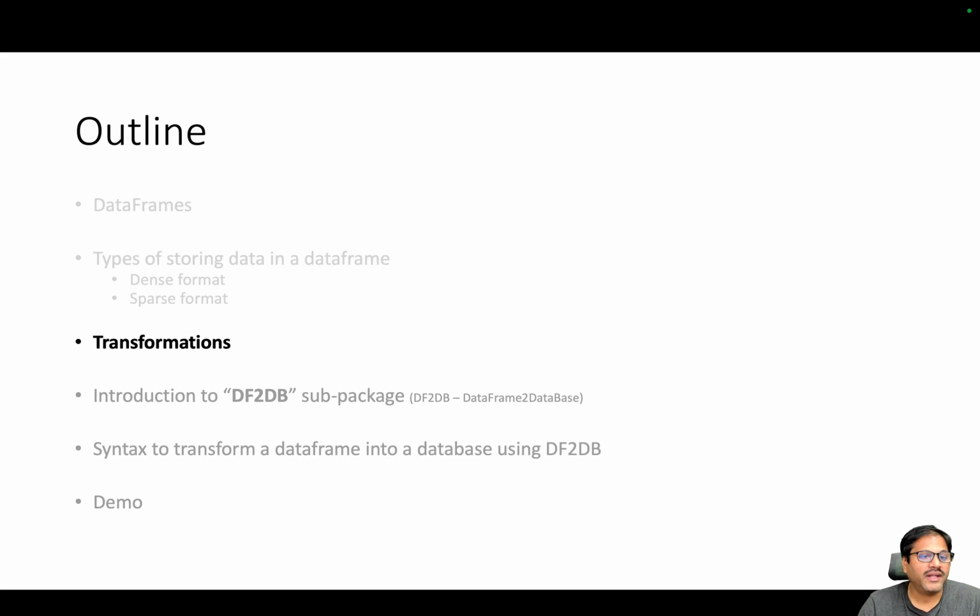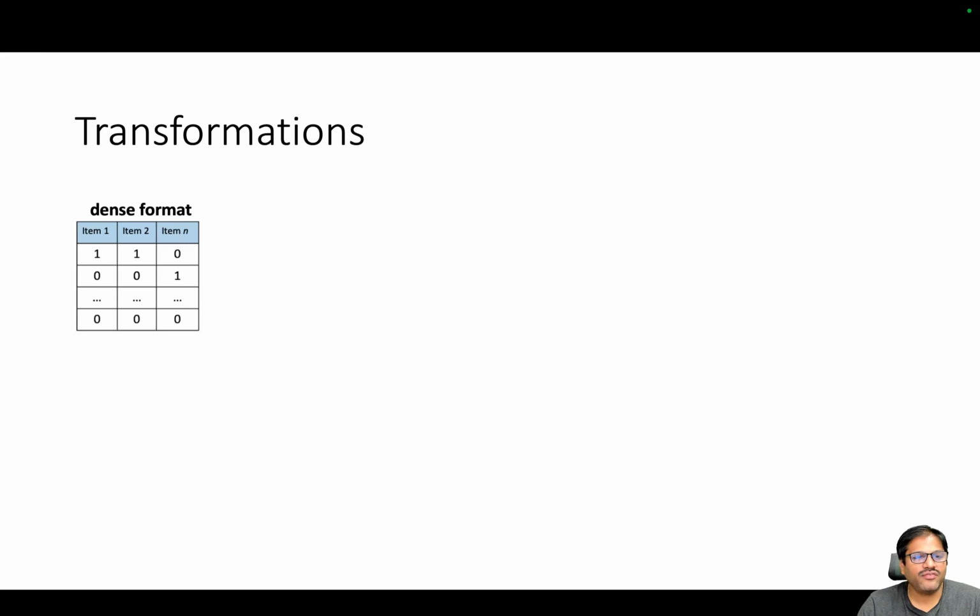Now let us look at the transformations that we can perform on a data frame to create a database. Let us first start with a data frame which is storing data in a dense format.